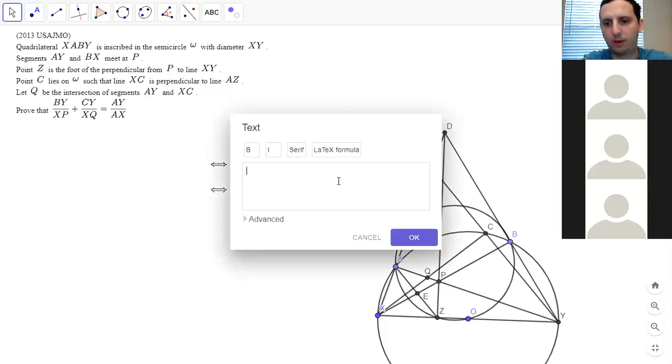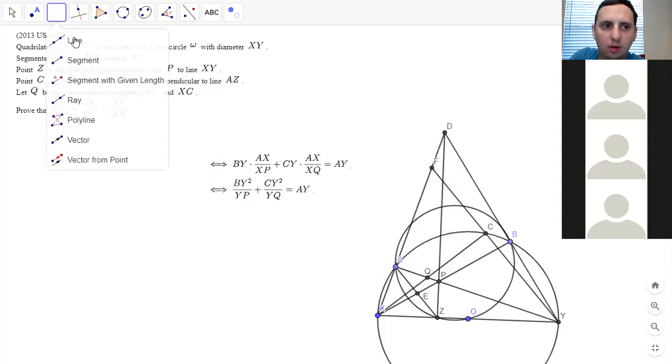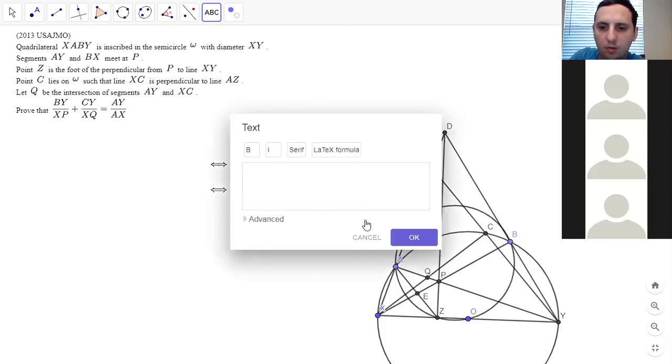So AY. Oh, sorry. I want the second line. You can put AY under BY and CY. You can divide both by XY.